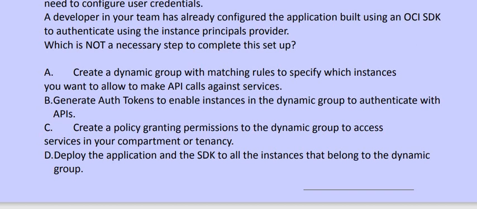Option C, create a policy granting permissions to the dynamic group to access services in your compartment or tenancy. And option D, deploy the application and the SDK to all the instances that belong to the dynamic group. The correct option is option D. Thank you.